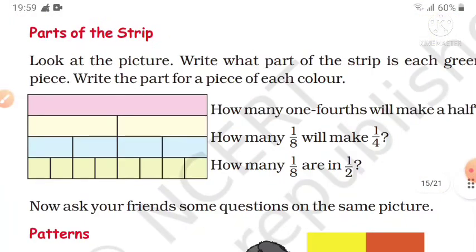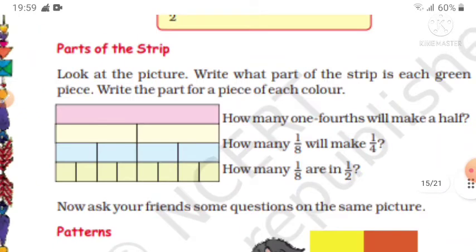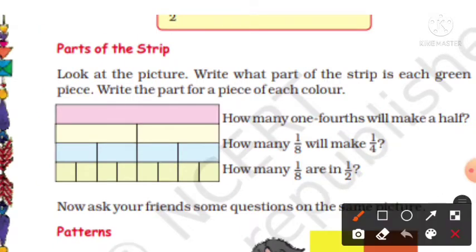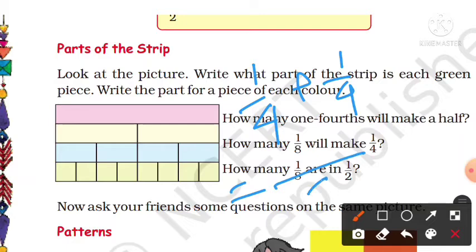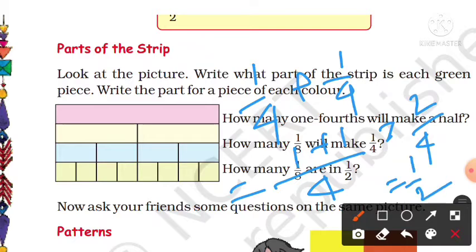Okay, so next question is, how many 1/4 will make a half? So it will be 2. 2 1/4 will make a half. So here it is 1 plus 1, that means 2/4. 2/4 means 1/2. So if we take 2 1/4, it gives us 1/2, that means half.